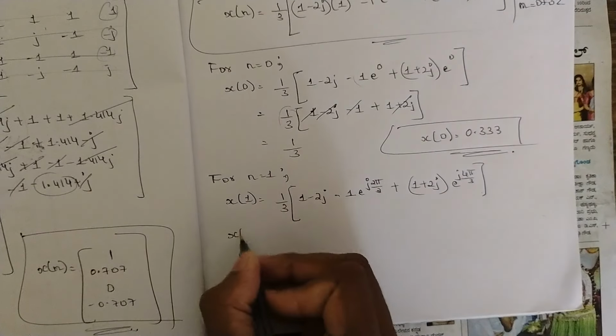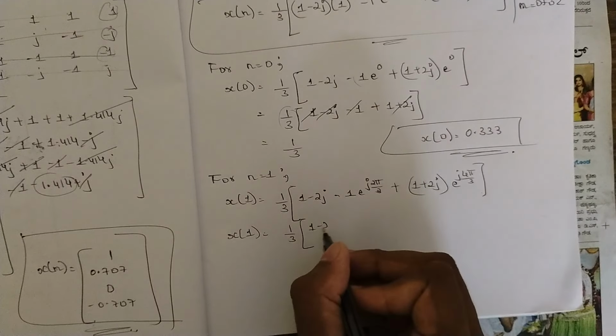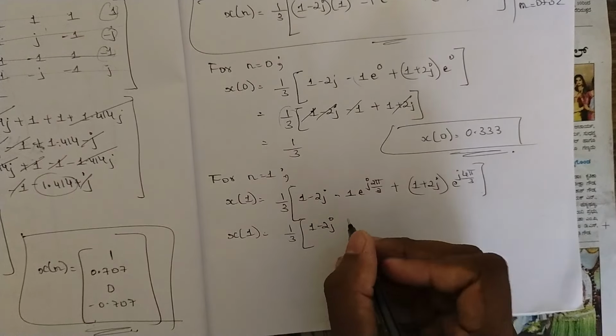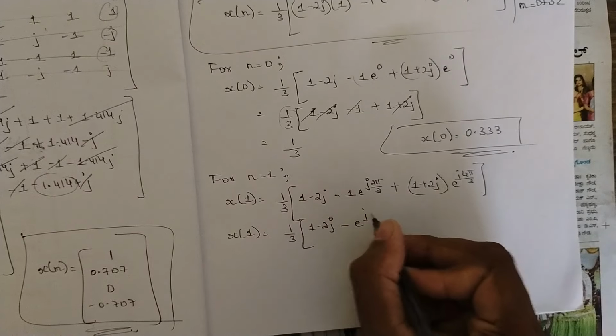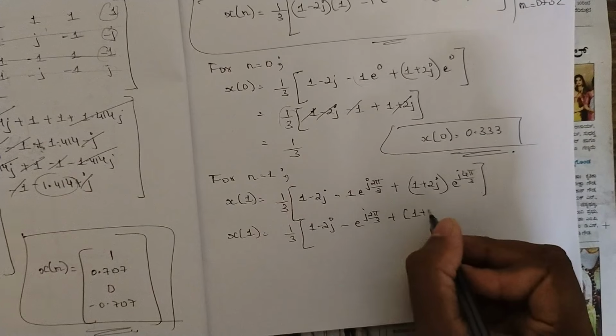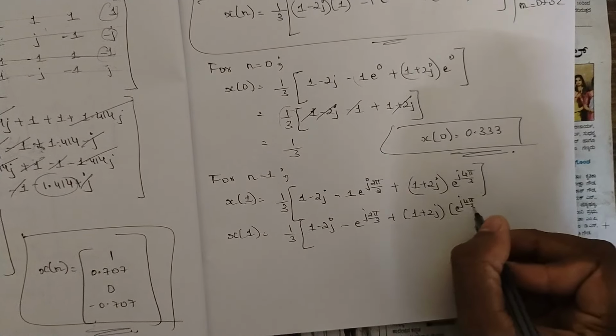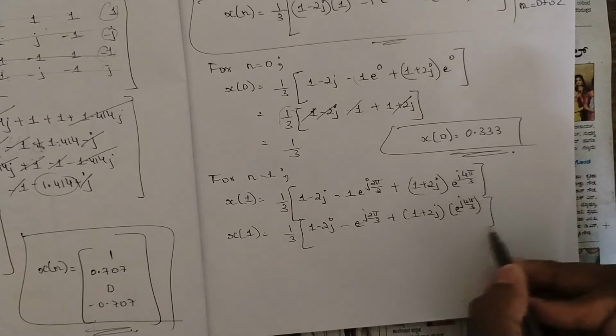That is, x of 1 is equal to 1 by 3 into 1 minus 2j, minus e power j 2 pi by 3, plus 1 plus 2j e power j 4 pi by 3. So we should be finding these two values now in the calculator.